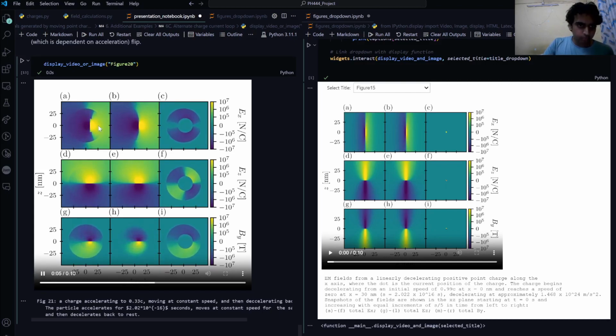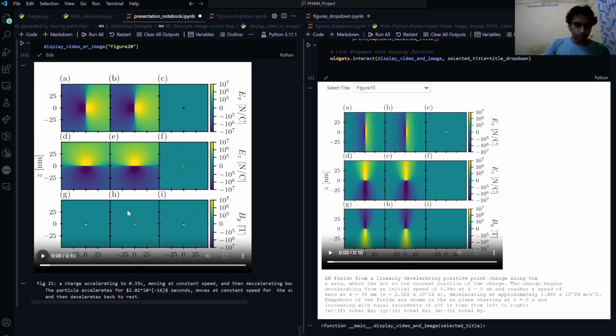Right, as you can see here, the circle is centered about the zero instead of wherever the point charge is. Right, that's all.